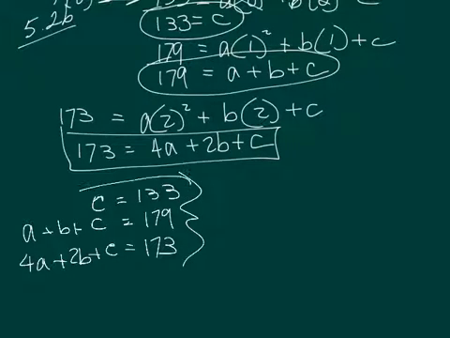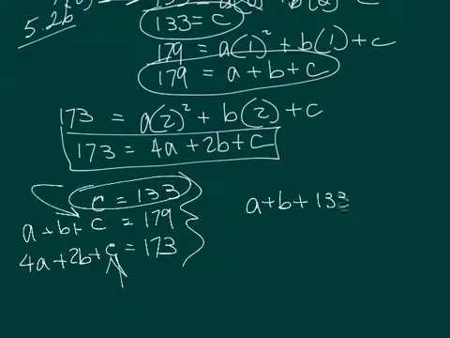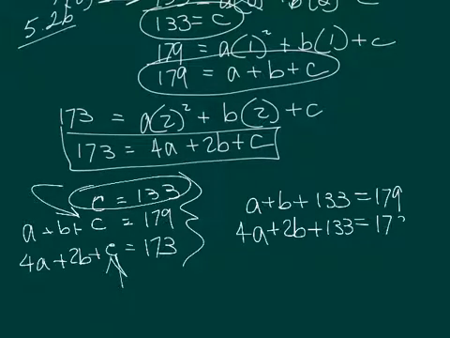Well, since I know that c equals 133, I can plug that in here and plug it in there. So I've got a plus b plus 133 equals 179. I've got 4a plus 2b plus 133 equals 173. And just by doing that, I eliminated my c.